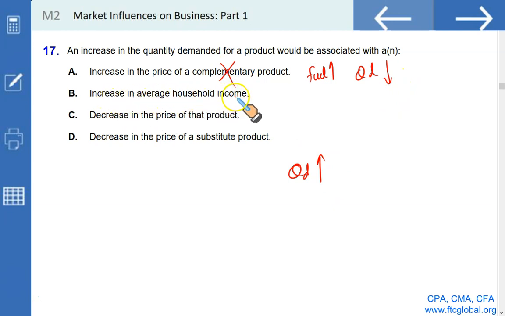Increase in average household income. When the average household income increases, it will shift the demand curve outward, right? The demand curve is shifted to the right, or in other words called an increase in demand. But an increase in quantity demanded is associated with price. So if the quantity demanded increases, it would have been caused by a decrease in price. So that makes C the correct option.